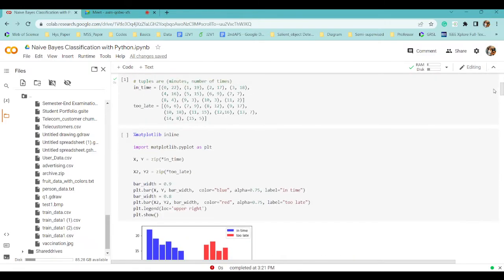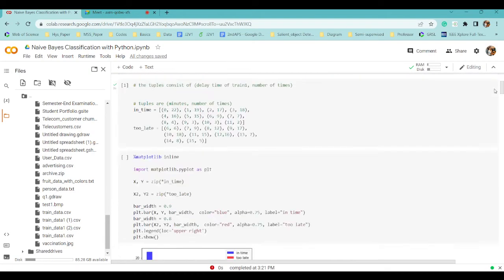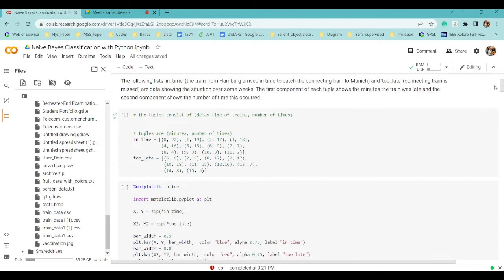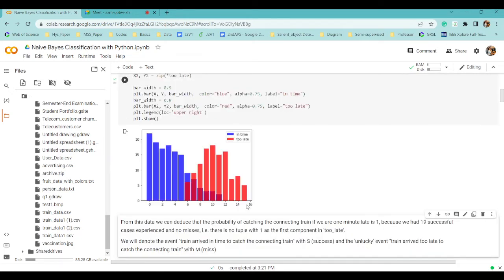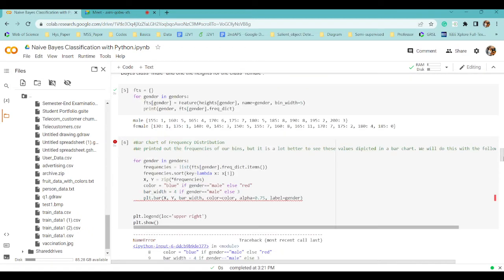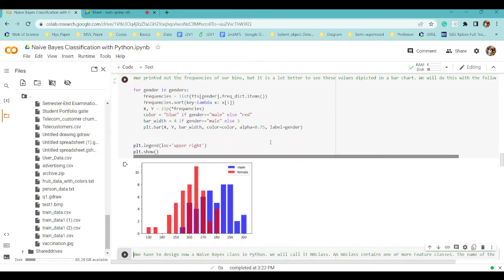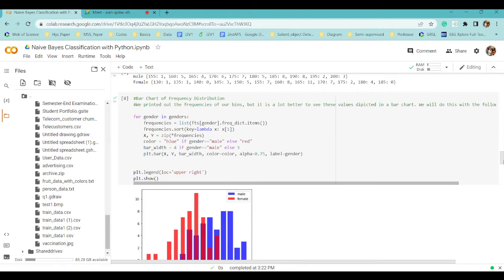I have called matplotlib. Give me a minute. Okay, so this is what the representation is.